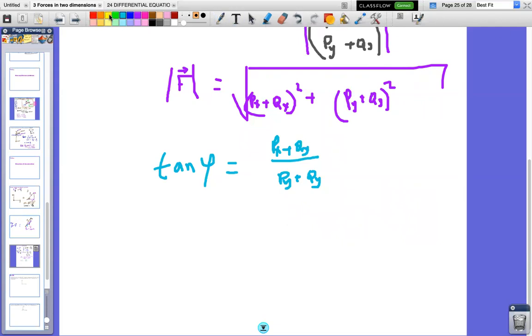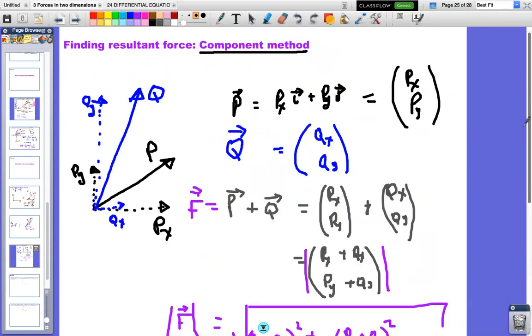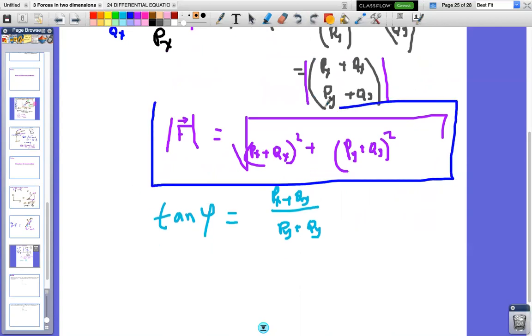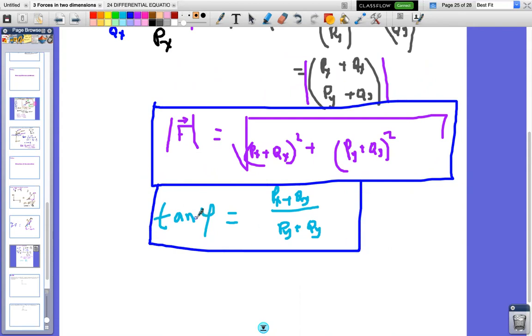So if you have a question that asks you to find the magnitude and direction of the resultant force, all you need to do is find this and then find this angle, okay? But when you find this angle, you must write your conclusion that therefore F is whatever value you had here.